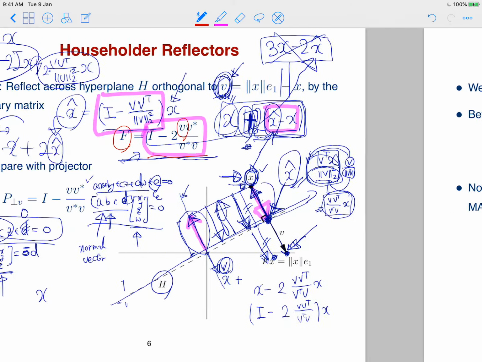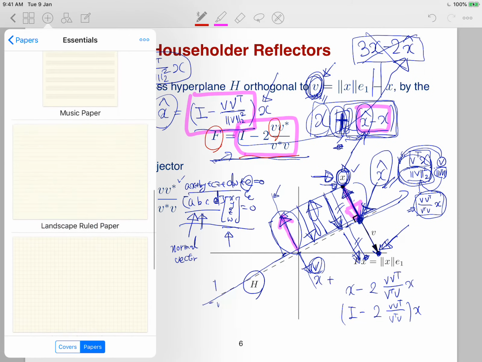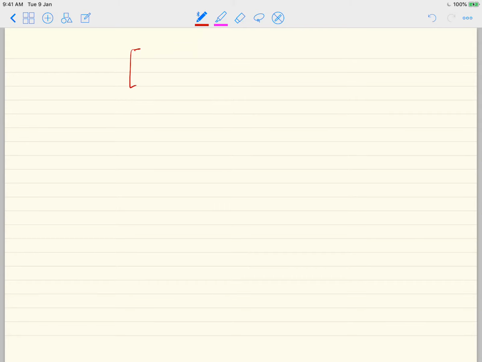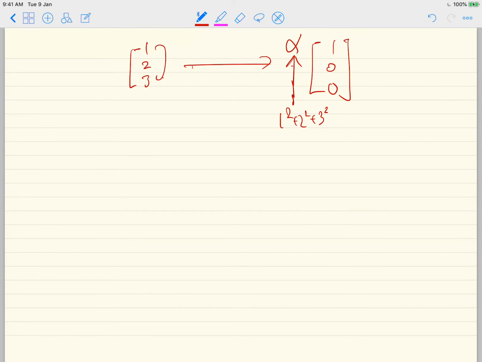For example, suppose you are given 1, 2, 3. Through our reflection, what should be the resulting vector? The resulting vector should be alpha times 1, 0, 0. So this alpha should be obtained as the square root of 1 squared, 2 squared, and 3 squared, right?